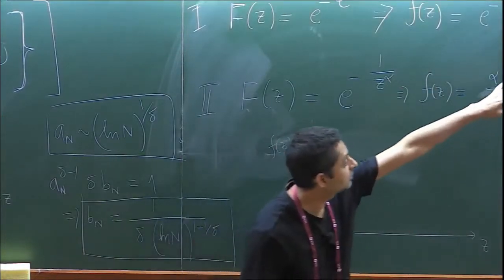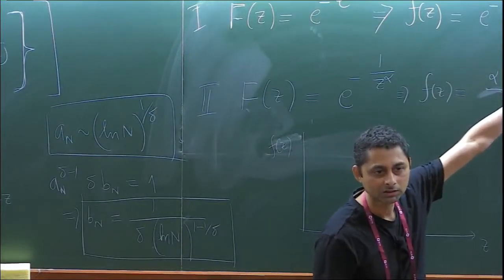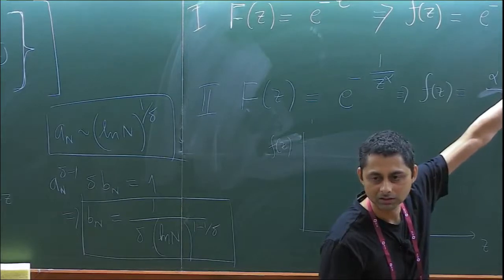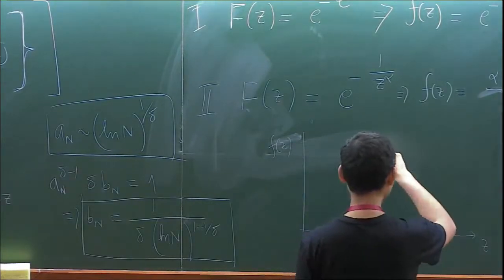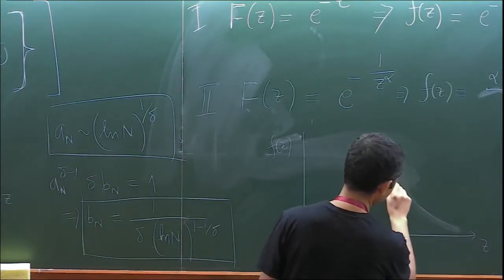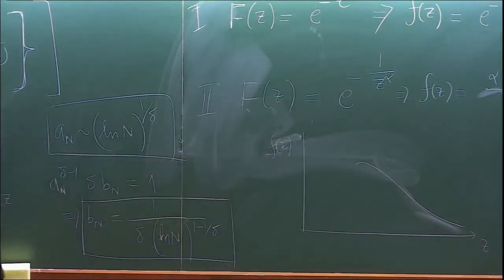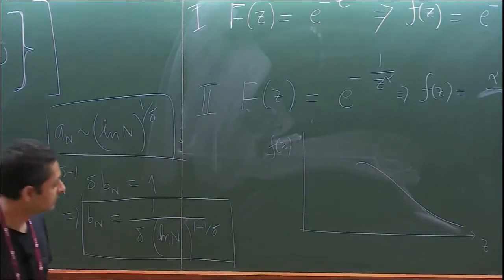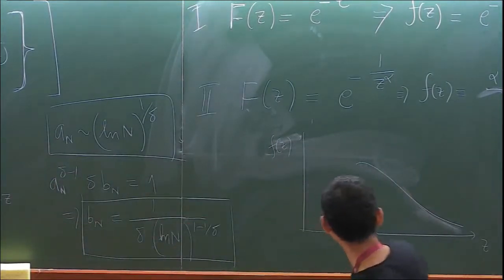For large z, what happens to this exponent? As z goes to infinity, it just goes to 1, right? So this is just this function. So it has a power law tail. Power law tails are tails which decay slower than exponential. So it has a power law tail, slower than any exponential.